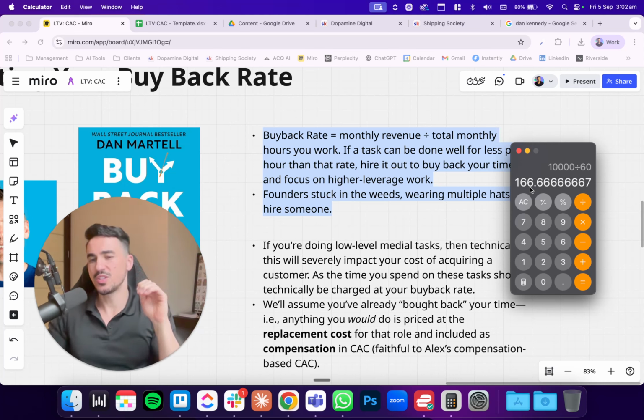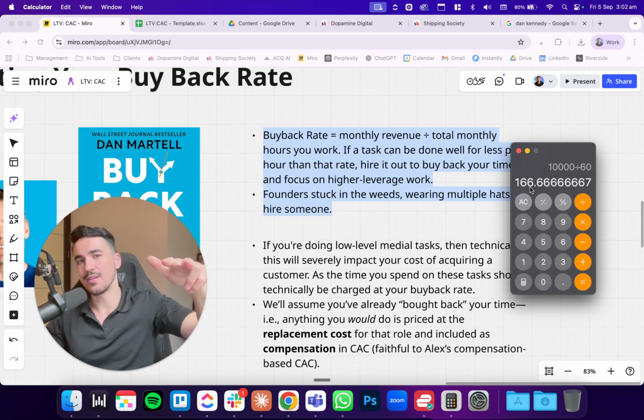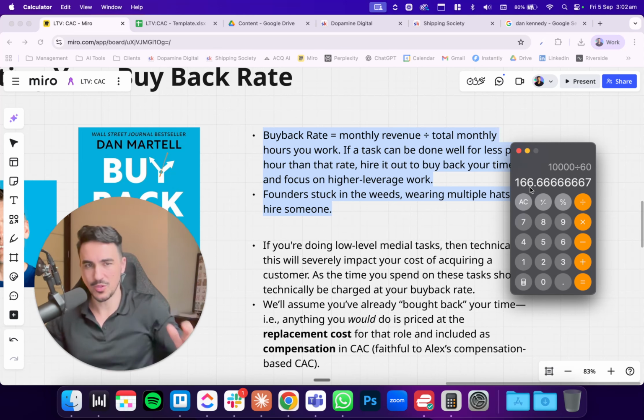If you're still scraping leads, managing Instantly campaigns, writing copy, and you can hire it out at the same level of quality, or even slightly greater sometimes, for less than $166 an hour, that's what you should be doing.